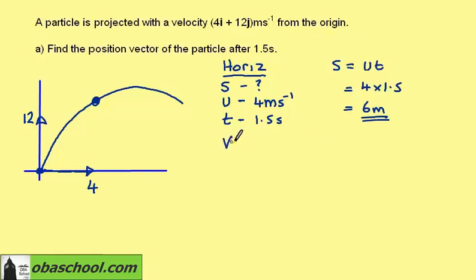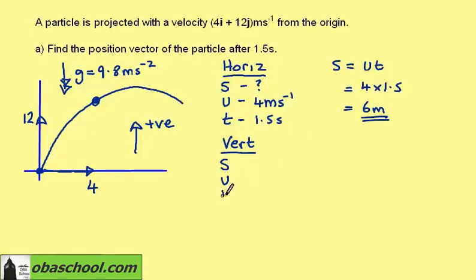Let's consider the vertical motion. We know that gravity acts vertically downwards, and the magnitude is 9.8. We're going to take the upward direction as positive. So if we collect the information using SUVAT, then we have that u is 12.